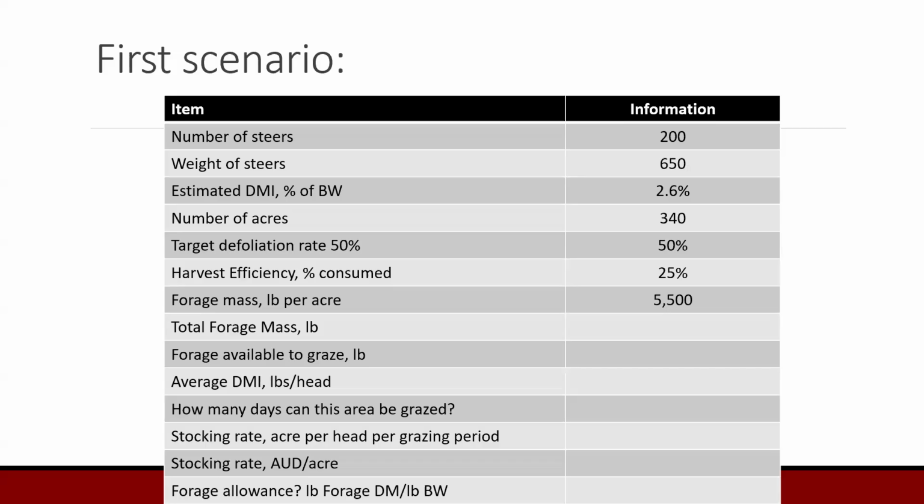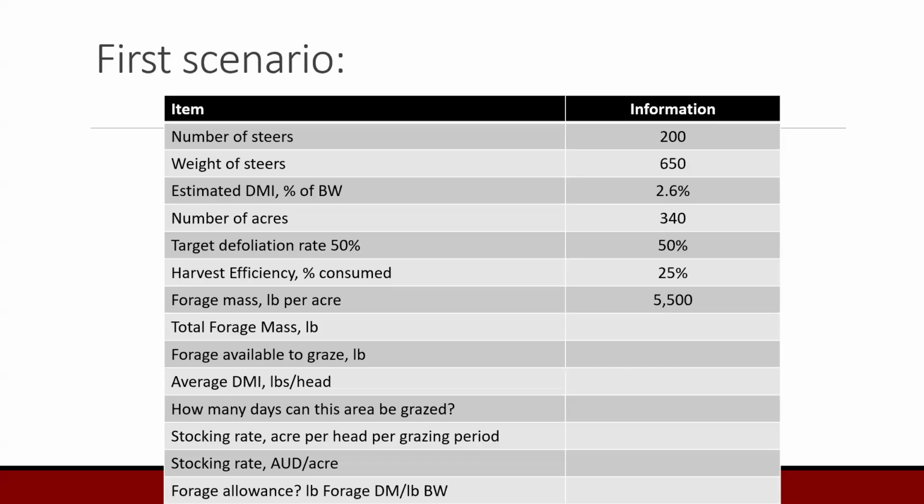Forage mass, pounds per acre, is 5,500 pounds of forage dry matter per acre. If we know forage mass per acre and we know number of acres, we can calculate total above ground forage that this system has. So 5,500 times 340, like 1.87 million.